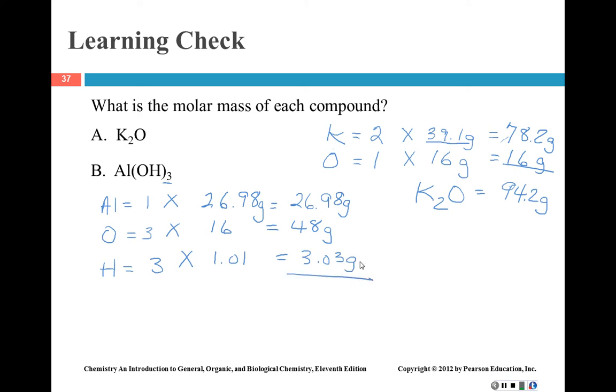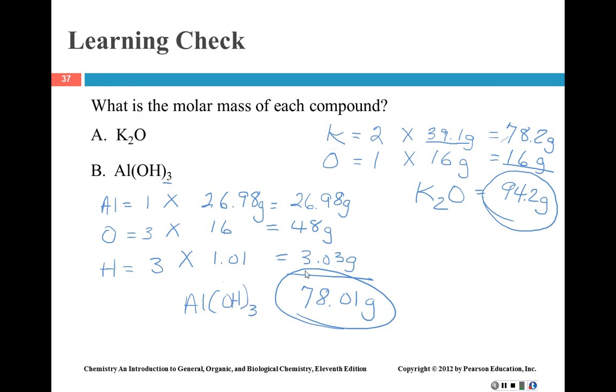Then I add all of those together: 26.98 plus 48 plus 3.03. I get 78.01 for the aluminum hydroxide.